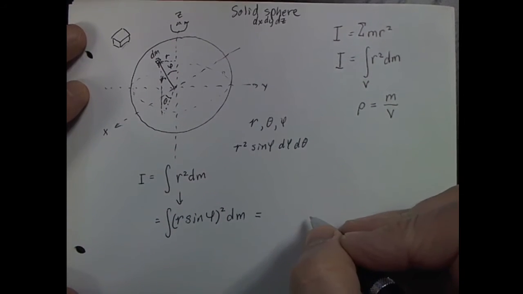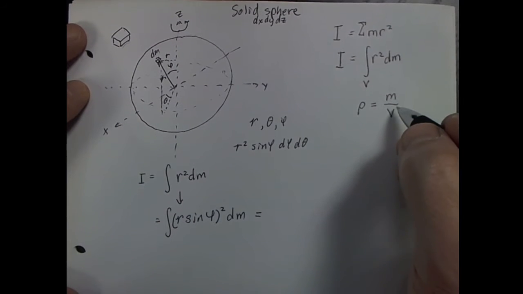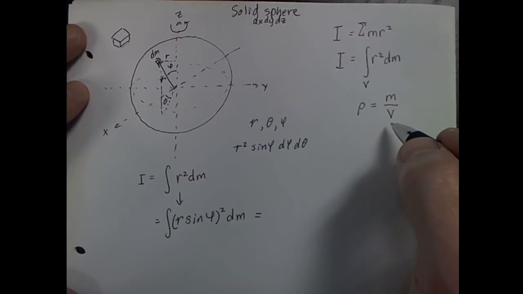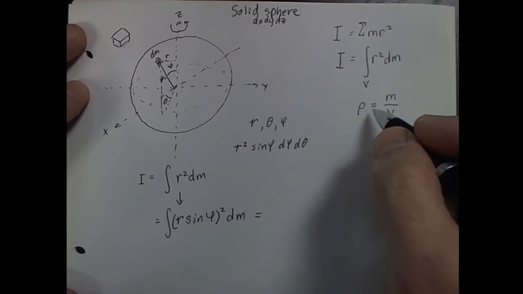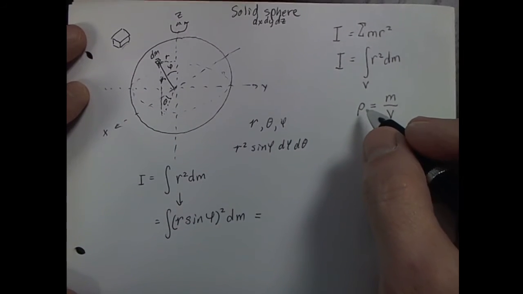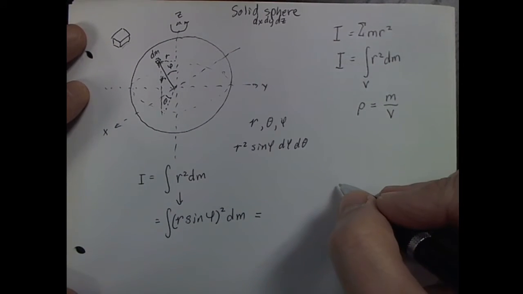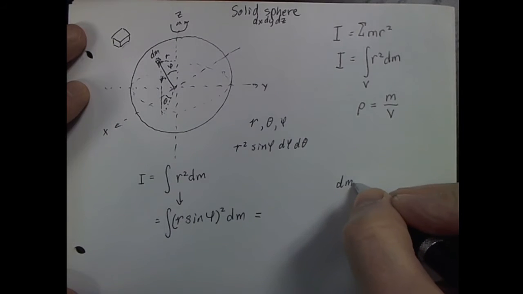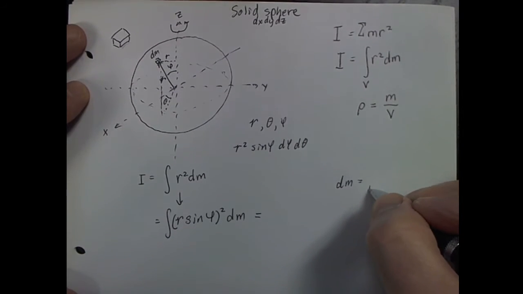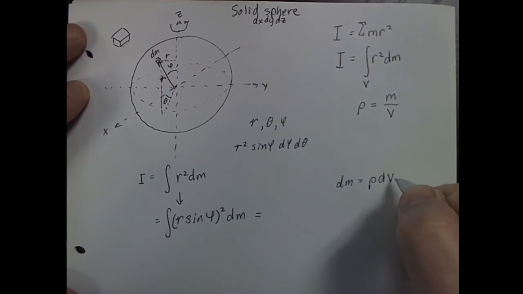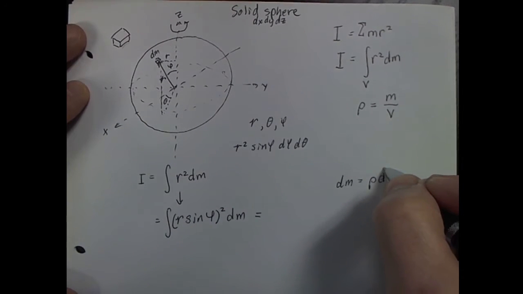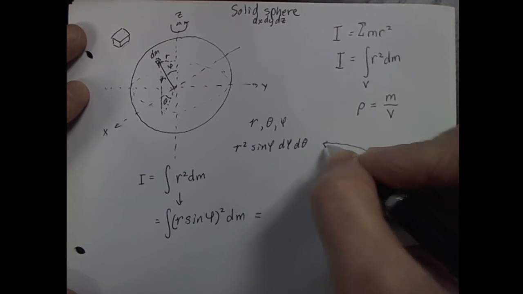So dm. Well, dm is going to be, if you look at mass, volume, and density, rho dV, where dV is the volume element.